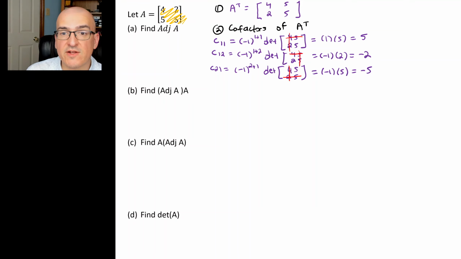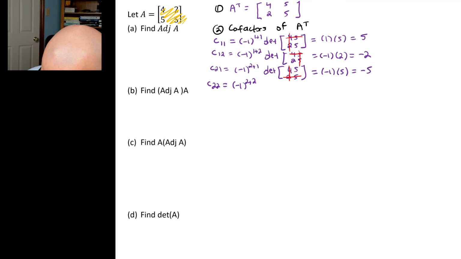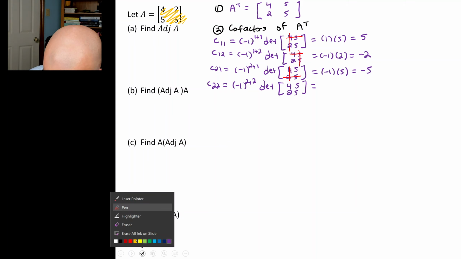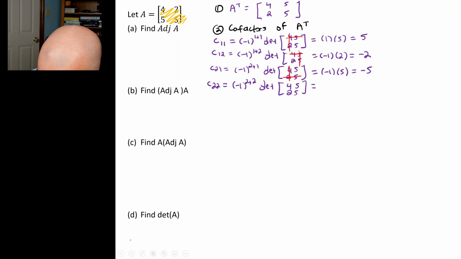And now the last entry, C22, -1 to the 2 plus 2 times the determinant of 4, 5, 2, 5. We're crossing out row 2, column 2.